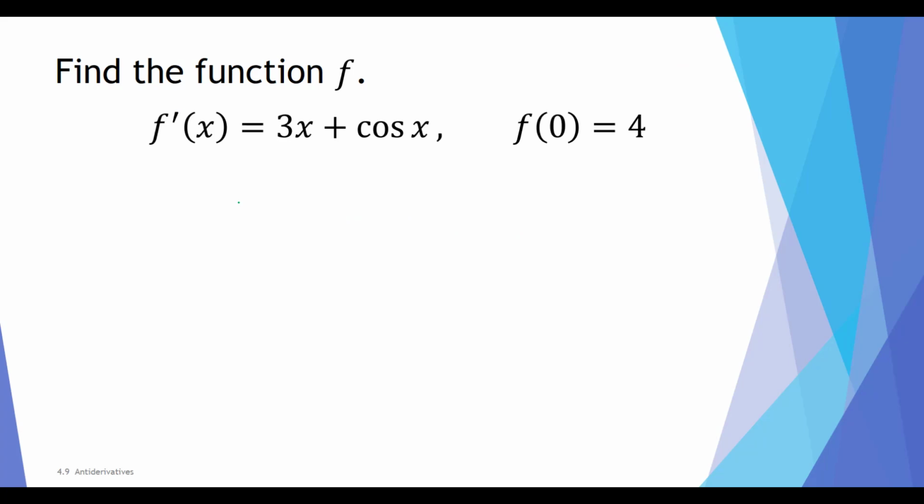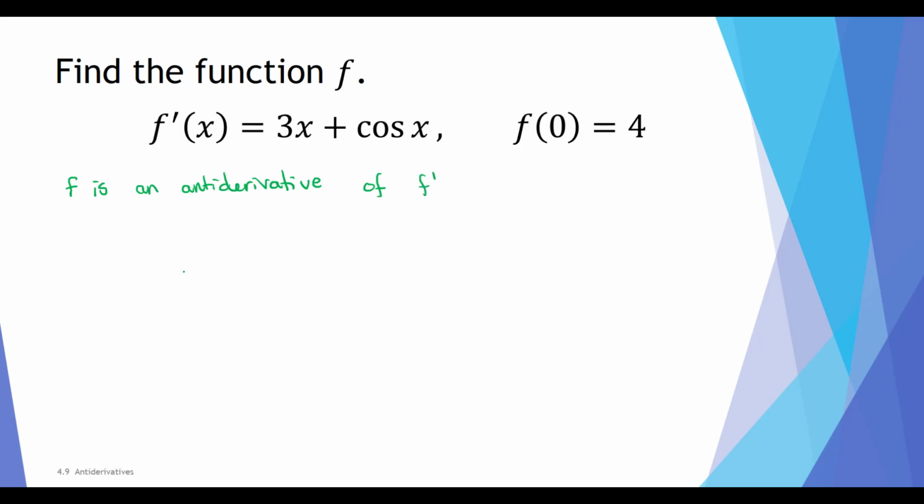One more example here. Let's find the function f if f prime of x is equal to 3x plus cosine x and f of 0 is equal to 4. So we know that f is an antiderivative of f prime.